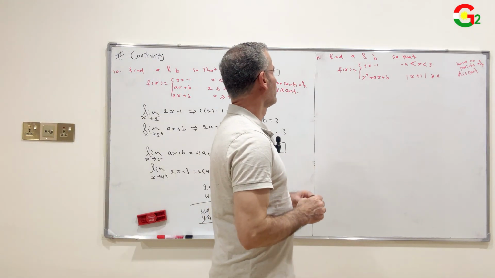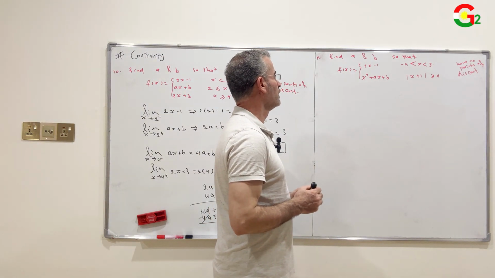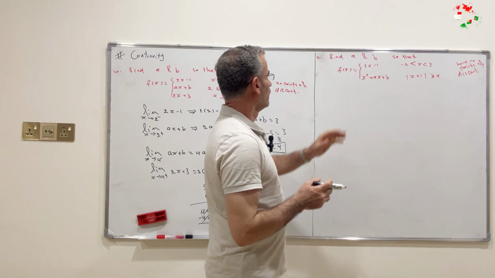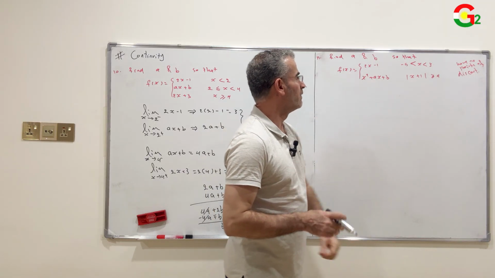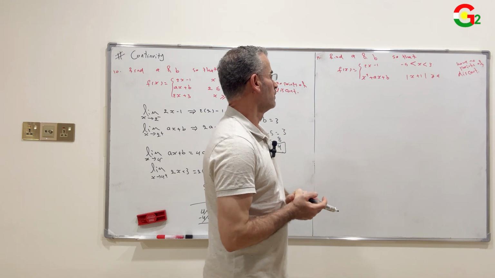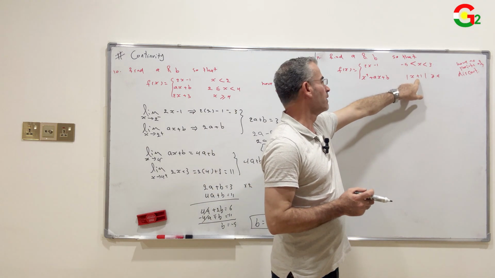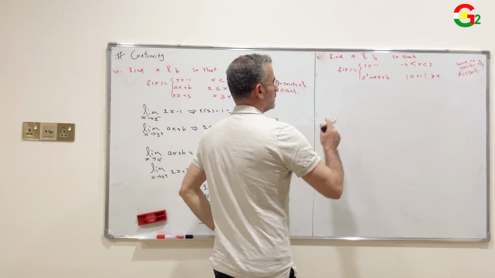Question number 11. Find the value of a and b so that the function f of x defined by this image has no points of discontinuity. First, I need to redefine this absolute value.